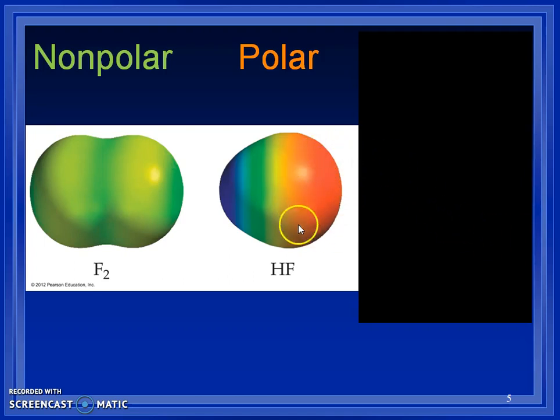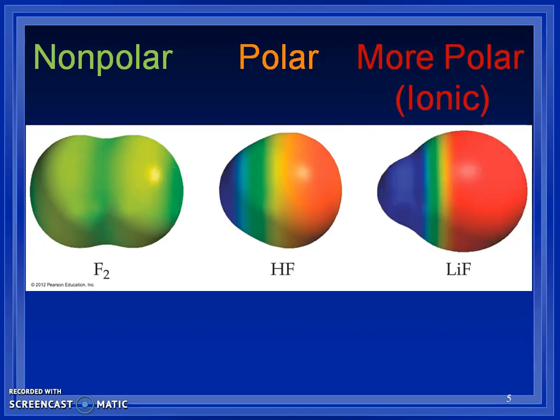Because fluorine is more electronegative, it's going to grab those electrons that are being shared between the two more often from hydrogen. And then of course you have something that's very, very polar or ionic, where there's a total transfer of electrons. So there's your three types of bonds.